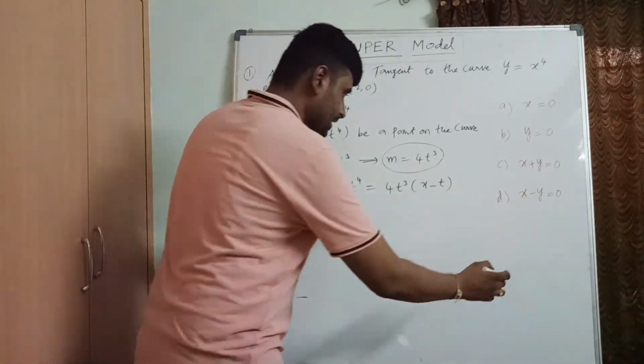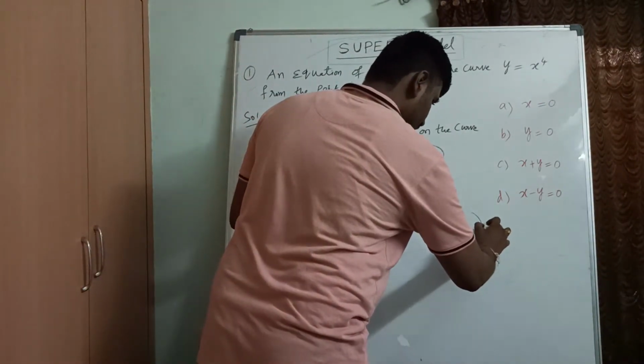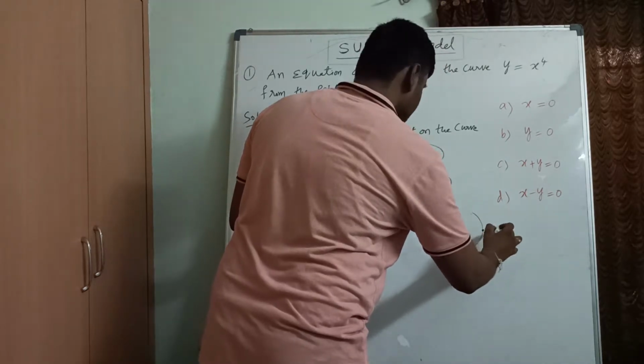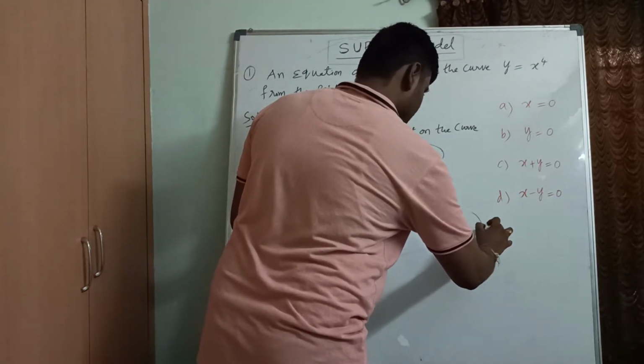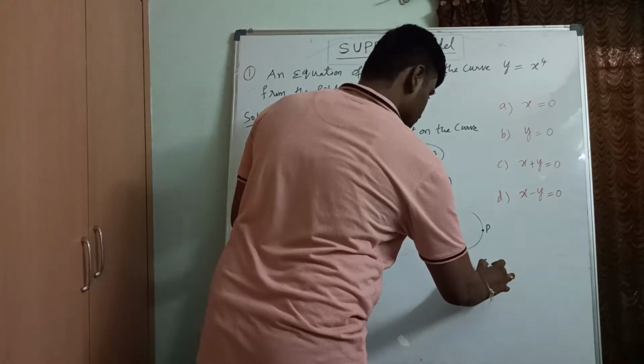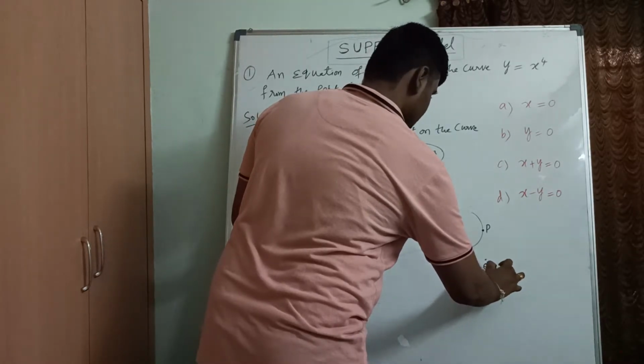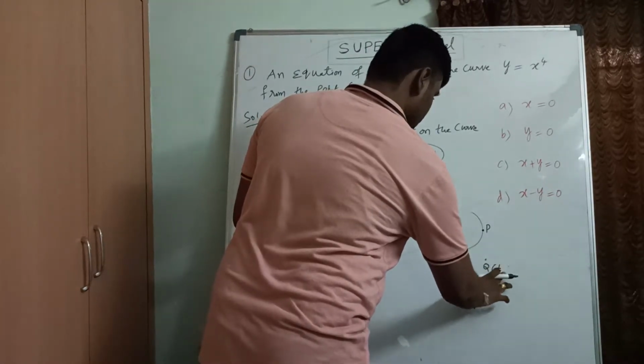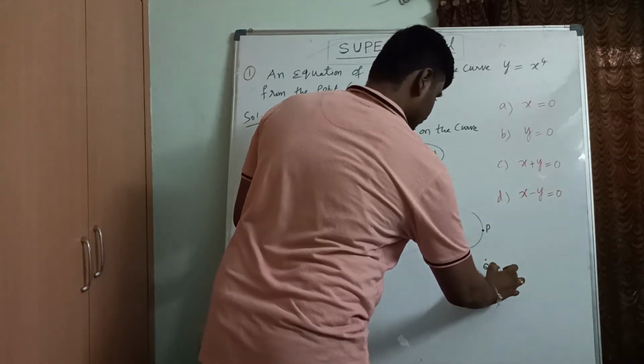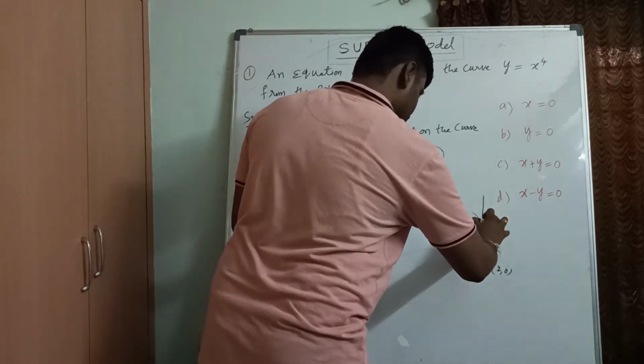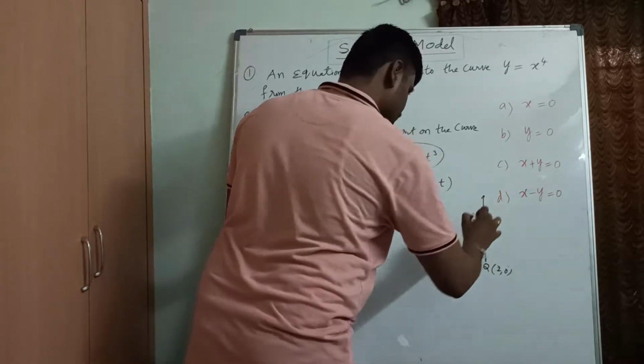So for example, this is the curve, this is the point P, and now the outside point Q is (2, 0). From the outside point, a tangent is drawn.